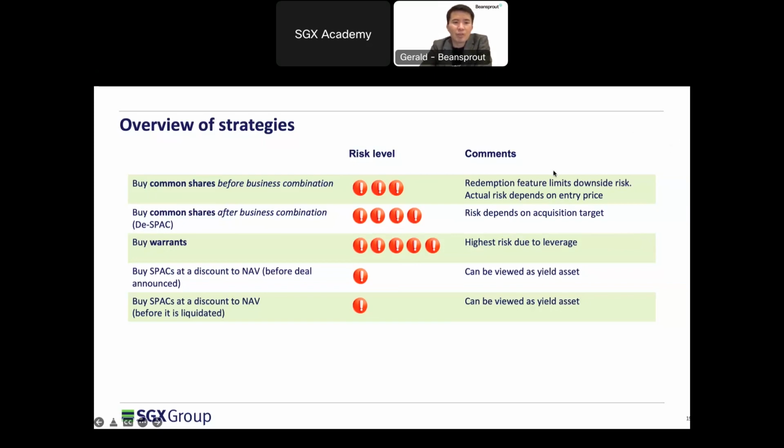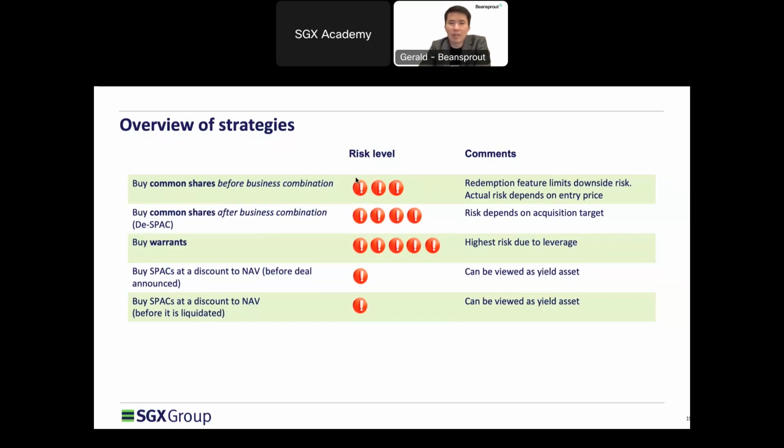First and foremost, we look at buying the common shares before the business combination. I put this as 3 in terms of the risk level. Number 1, you have the ability to limit some of your downside risk because of the redemption feature that is in place.